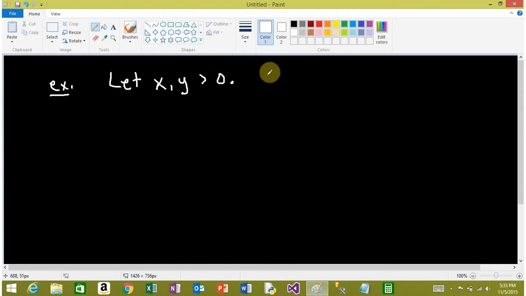And then we're going to say x plus y is greater than or equal to the square root of 2xy. x plus y is greater than or equal to the square root of 2xy. And that's the statement we want to prove.